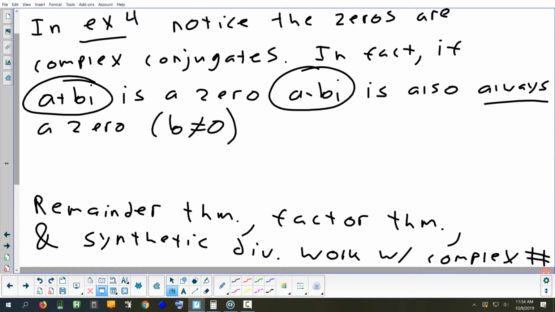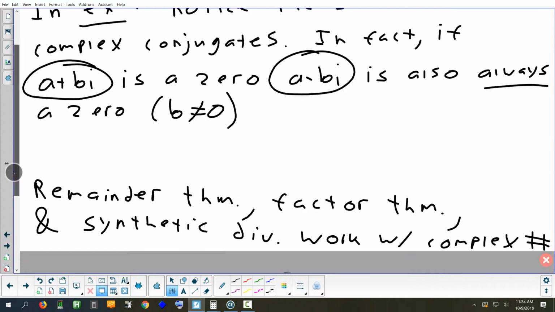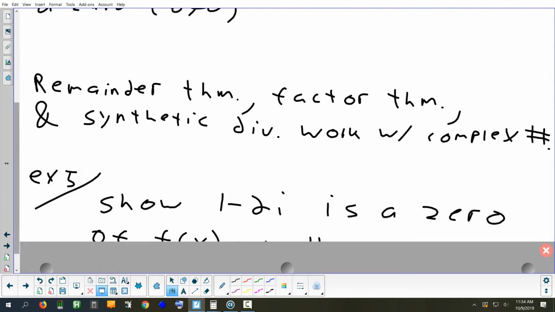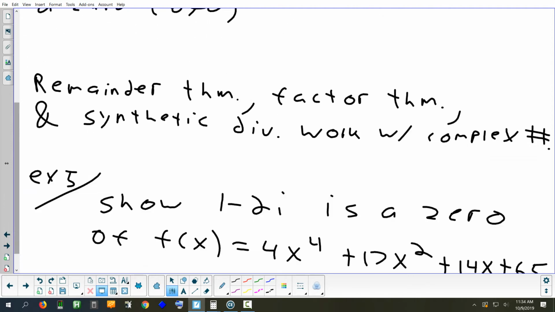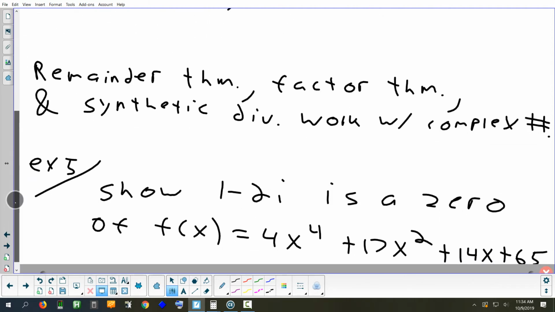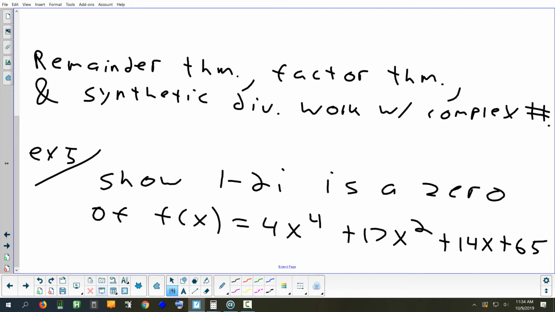Now, remember what I showed you before. Let's call this C. If you know that C is a 0, what is a factor? X minus C is a factor. That's what I'm really going to show. So what does that mean I'm really showing? I'm going to show that this is a factor.